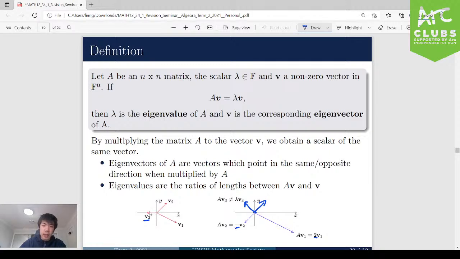It literally changes the direction by a certain rotation here, right? And so V3 would not be considered an eigenvector. And this particular lambda here wouldn't exist because V3 is not an eigenvector, right?